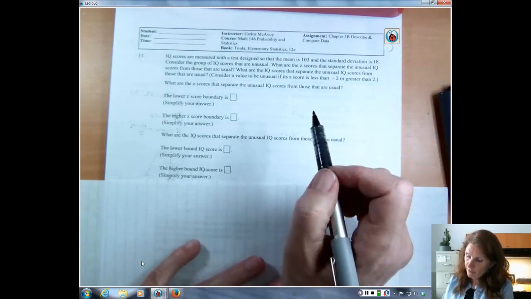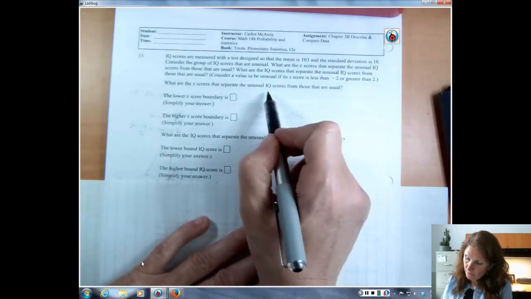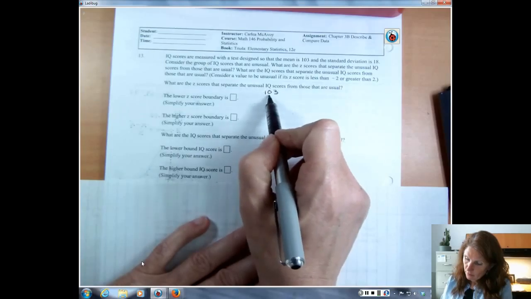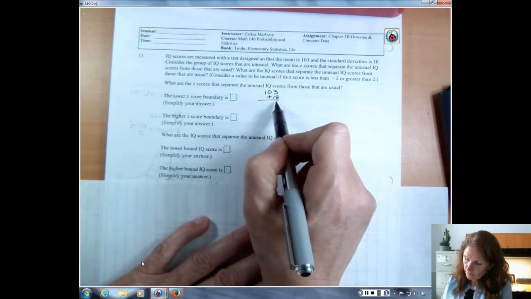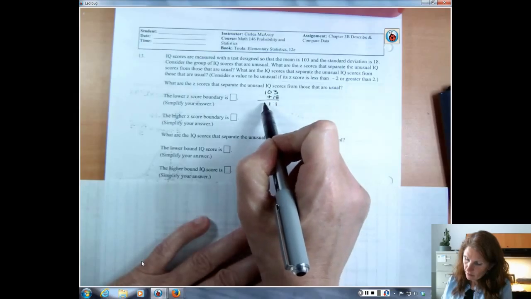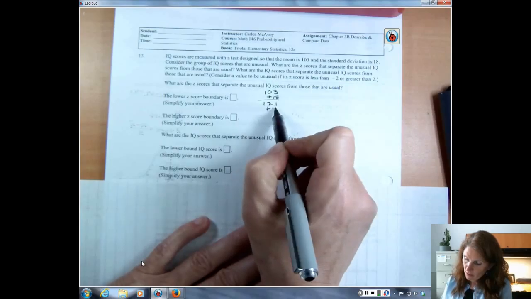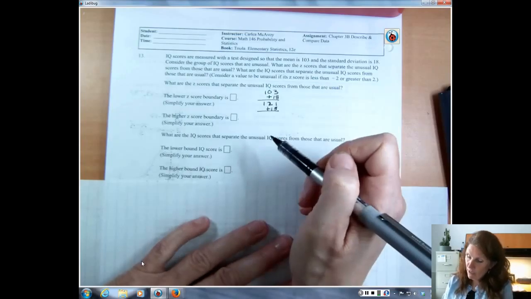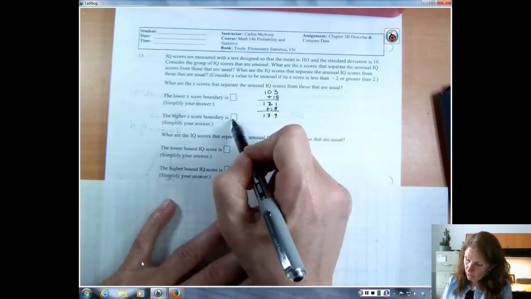So all I have to do is say a z-score of 1 would be the mean plus 18, and a z-score of 2 would be plus 18 again. So if I add 18 twice onto my mean, I get the higher boundary, which is 139.